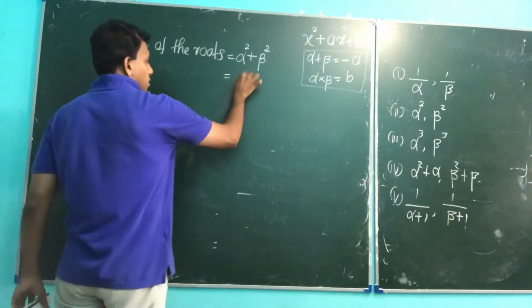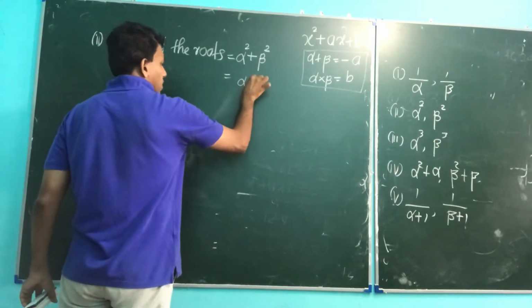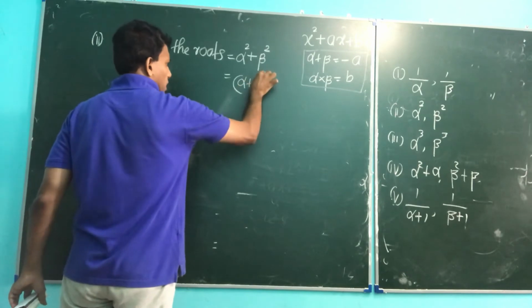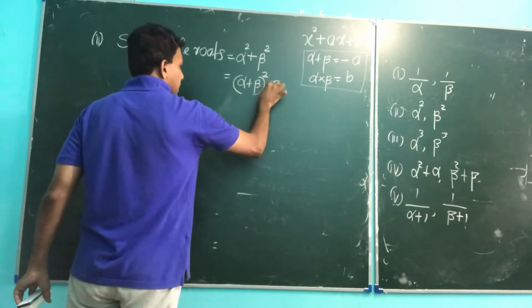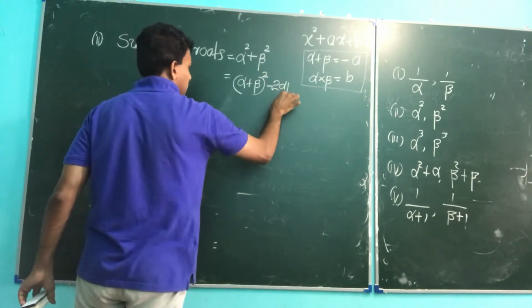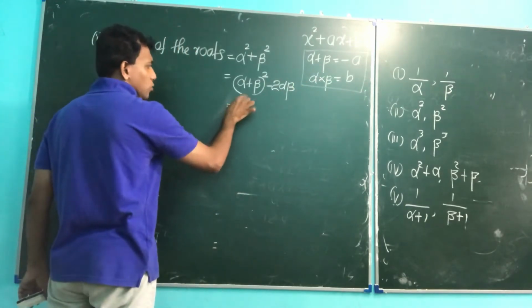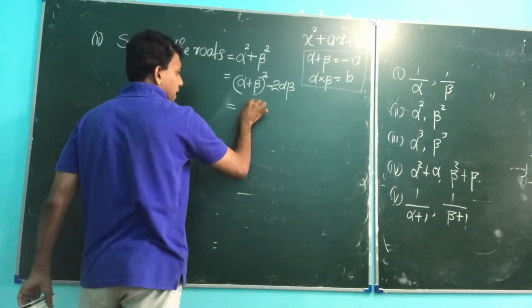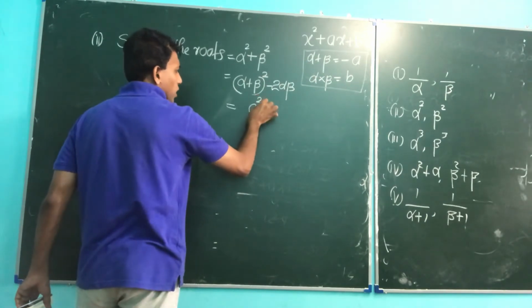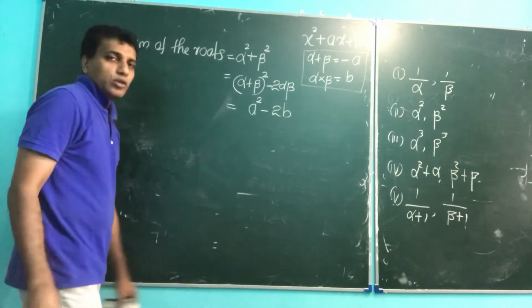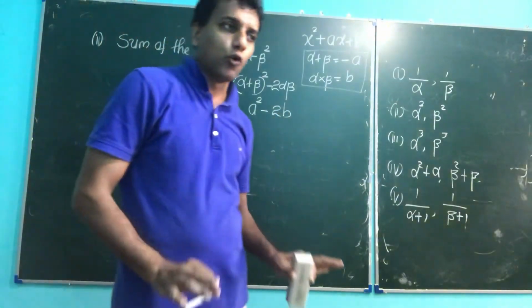You write it as a perfect square: alpha plus beta completely squared, minus 2 alpha beta. Then write the values: alpha plus beta is minus a, square is a square. 2 times alpha beta is 2b. You know the summation of the roots.